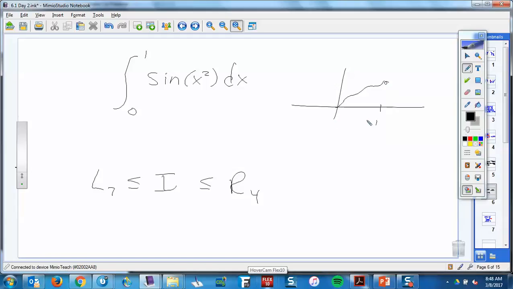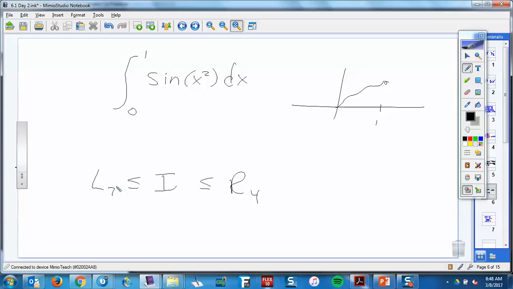This graph from 0 to 1 is increasing the whole time, and that's all you need, really. Sometimes I get people that calculate out L7, calculate out R4. It'd be okay if you did, but you really didn't have to. L7 is an under approximation because it's increasing. R4 is an over approximation, so it has to be.